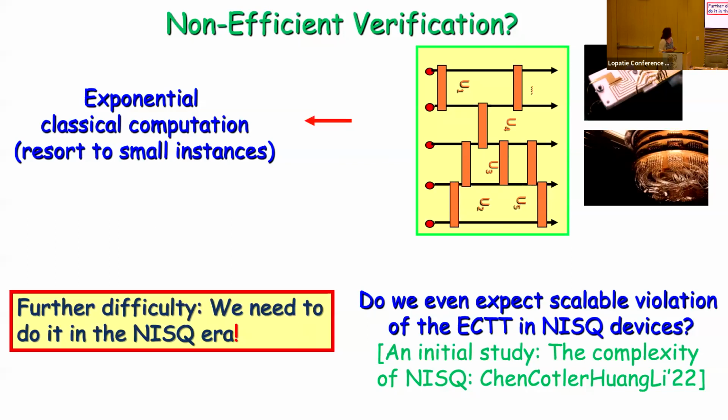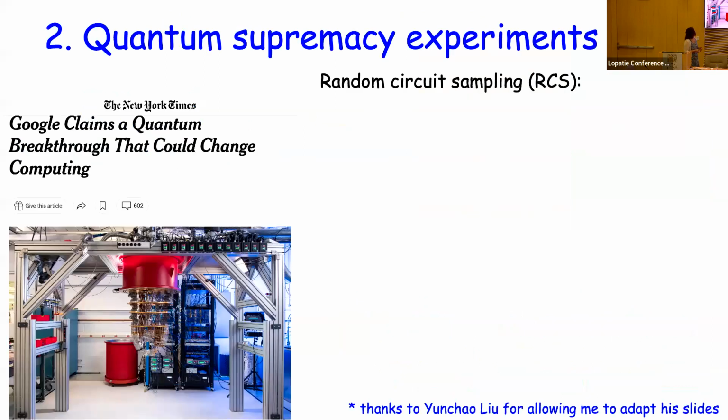Okay, so now what did people actually try to do in this context? Well, in the past 10 years or so, most of the effort to find quantum algorithmic advantage came in the context of random circuit sampling.